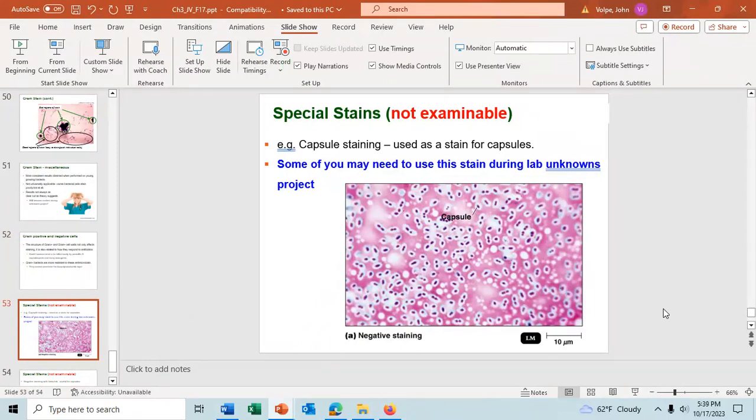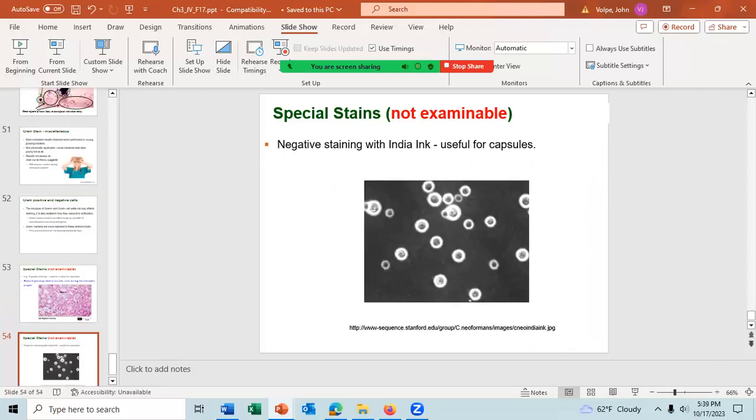One special stain that I want to talk about is the capsule stain. We use it to stain for capsules around the cells. Some of you may need to use this stain during your unknown project. The capsule stain is also called the negative stain, which is maybe more apparent in this one here.